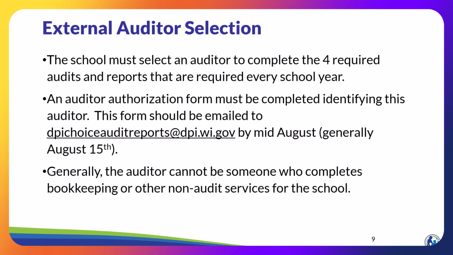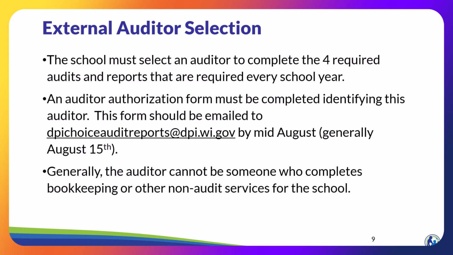Schools must select an auditor to complete the audit and three reports that are required every school year. An auditor authorization form must be completed identifying the auditor the school will use. This form should be provided to DPI by mid-August.